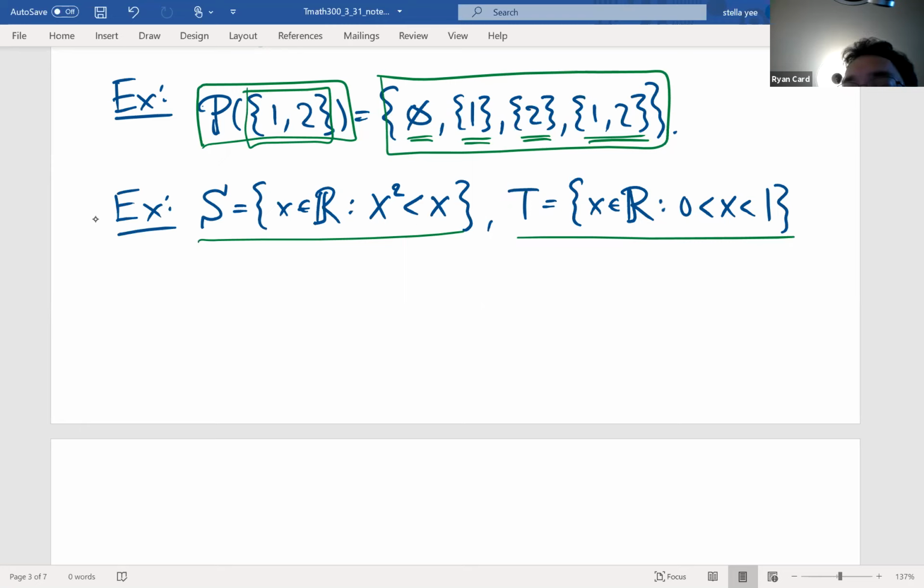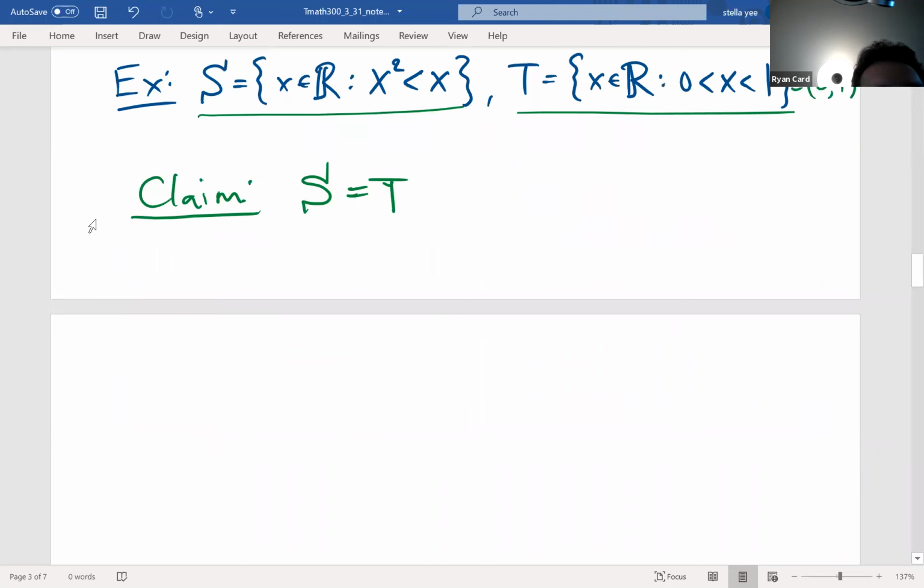So this is the interval from 0 to 1, not including the endpoints. Because I want to prove things, let's say I want to prove that the set S is equal to the set T. Let's prove this.